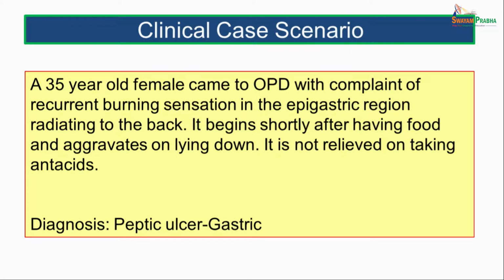Just keep this in mind so that as we go through the lecture, you would know why these symptoms have developed and what is the cause of these particular symptoms.